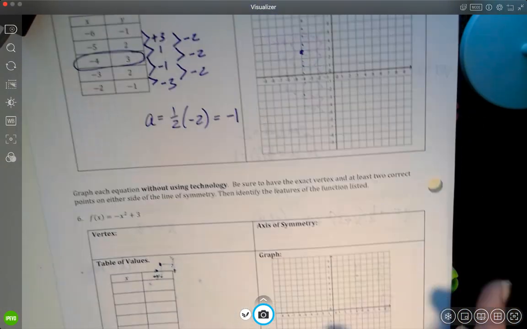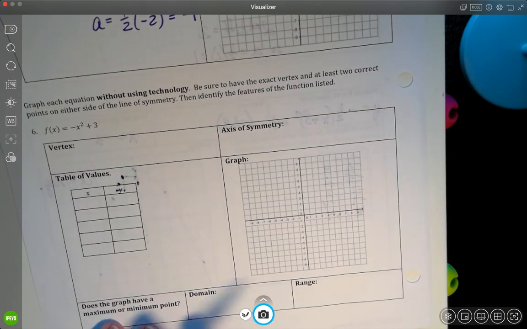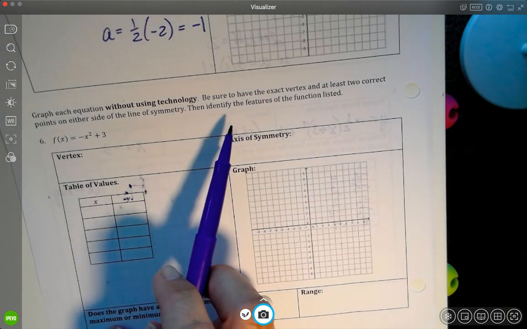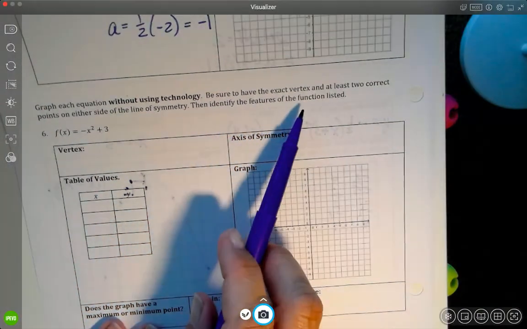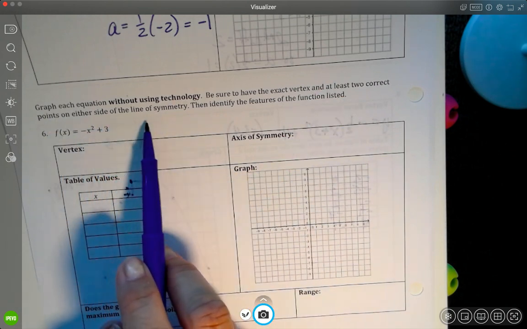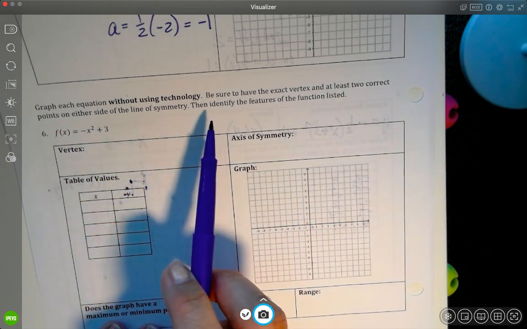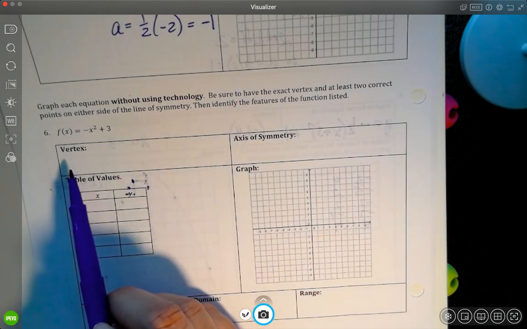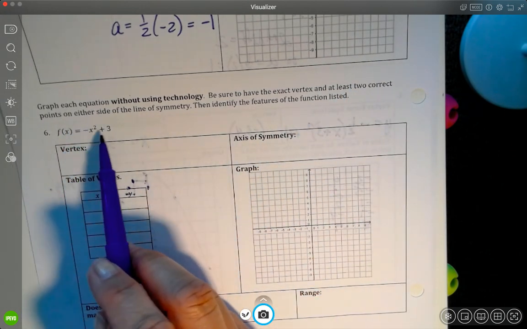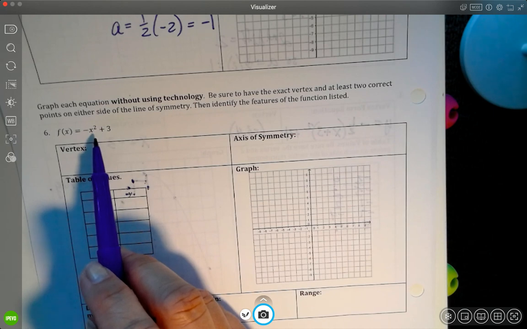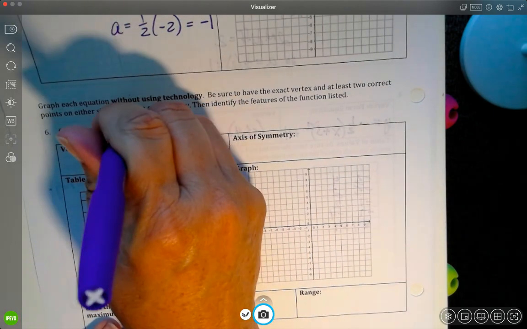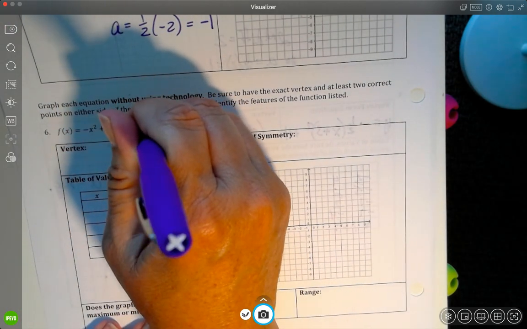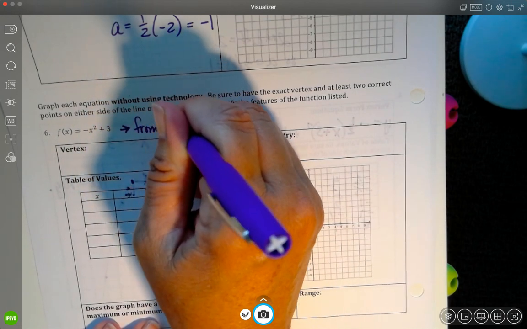Okay, so graph each equation without using technology and be sure to have the exact vertex and at least 2 correct points on either side of the line of symmetry. Then identify the features of the function listed. If you want to look at the difference from y equals x squared, how is it different from the parent graph?